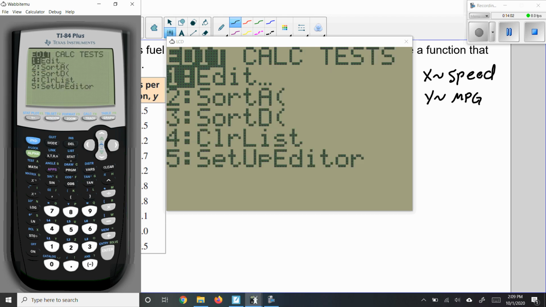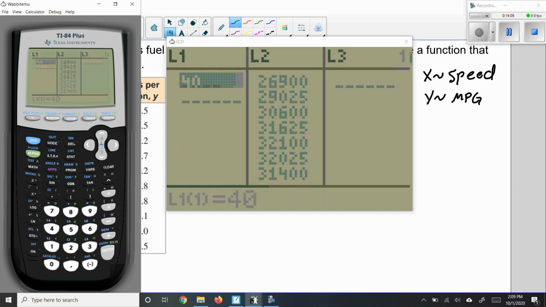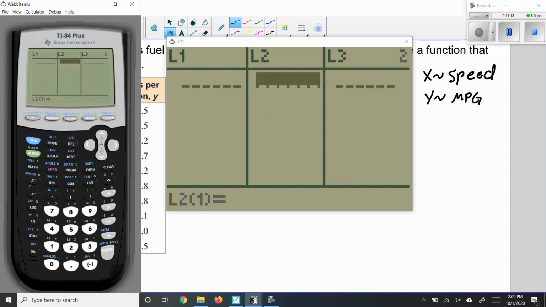Okay, so to do that, we'll go to Stat, Edit, and I'm just going to go ahead and delete all of the values that are already in there. What happens if you accidentally delete a column? There's a way of doing it, I swear.